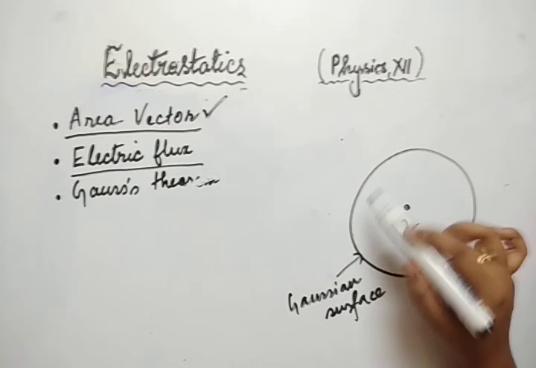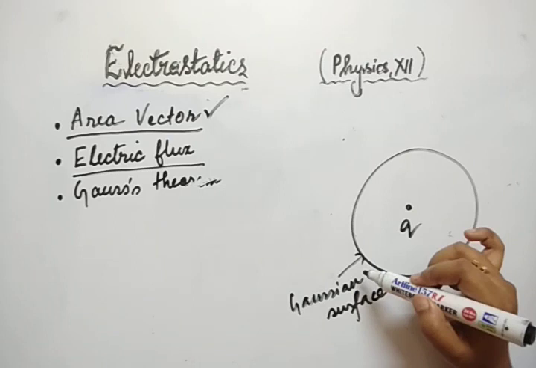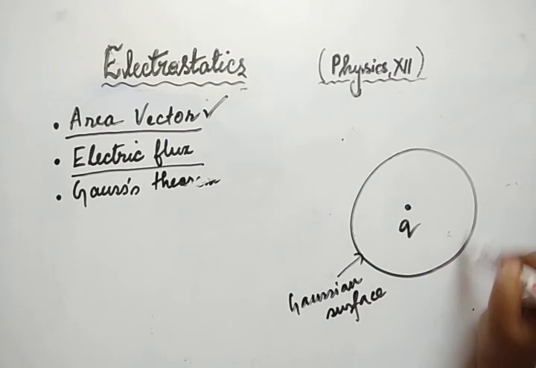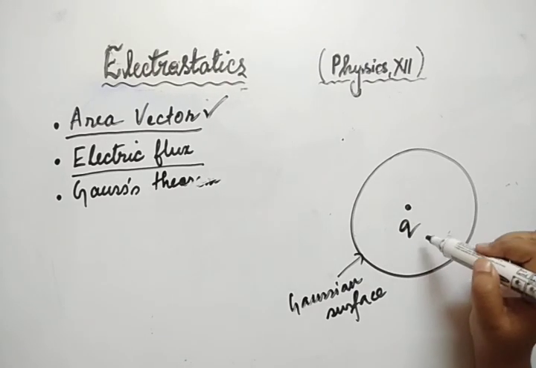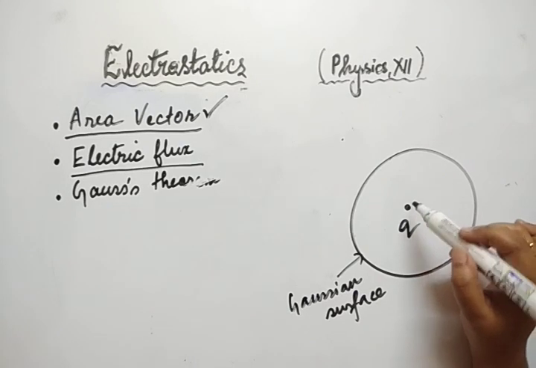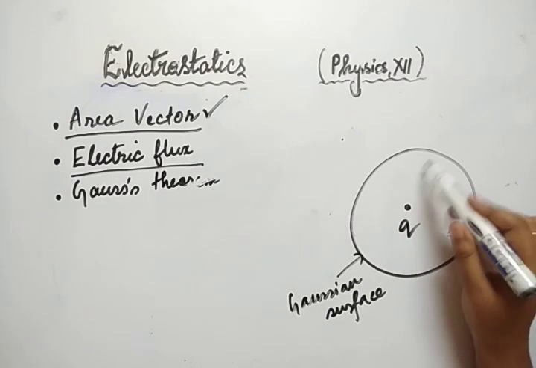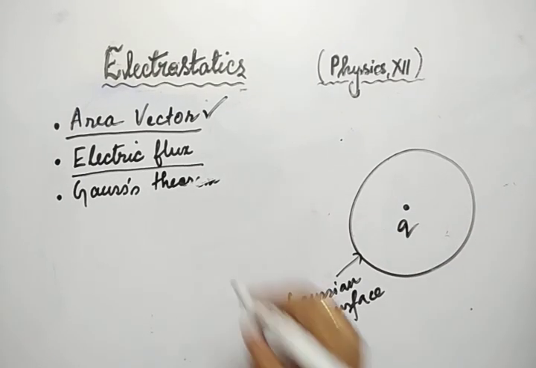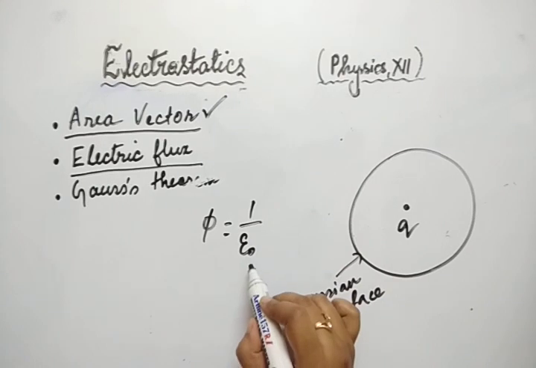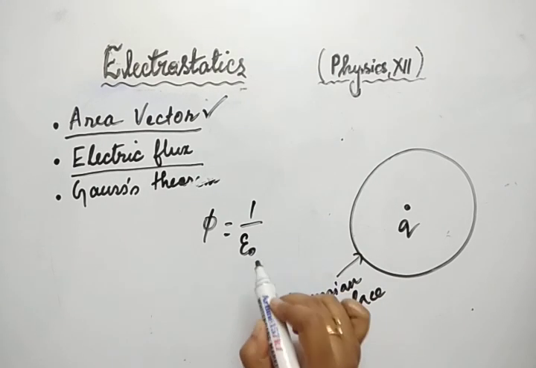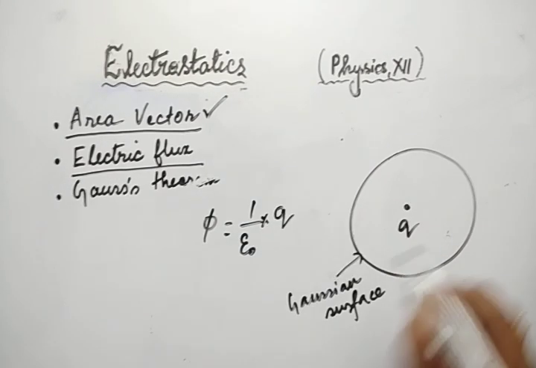Now this need not always be circular. It may be of another shape also, but this Gaussian surface should be a closed surface. So the number of electric field lines, or electric lines of force, or we can say the total flux passing through this closed surface is 1 by epsilon naught times the net charge enclosed by the surface.